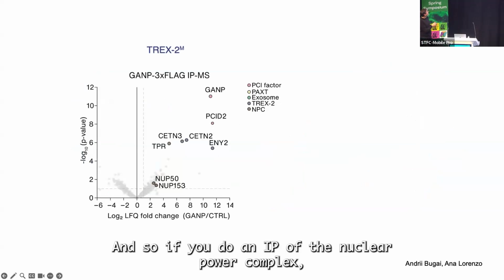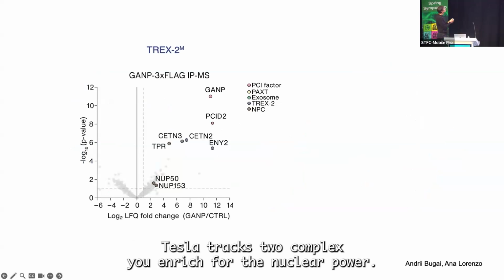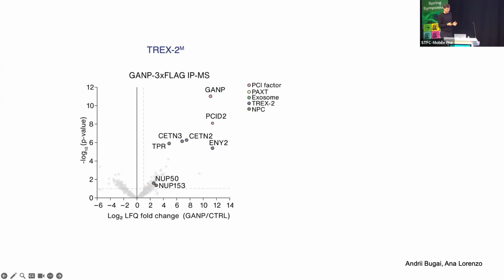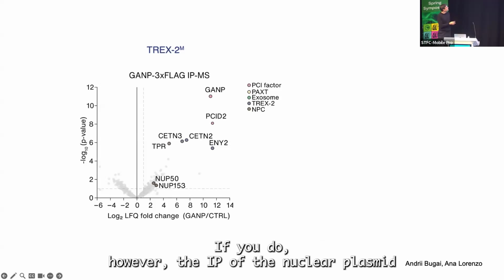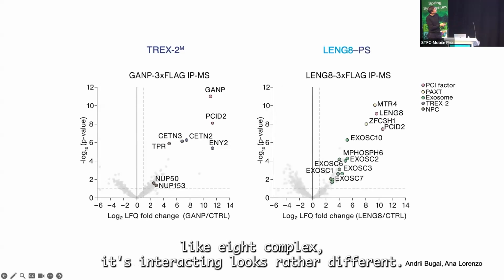And so if you do an IP of the nuclear pore complex tethered TREX2 complex, you enrich for the nuclear pore. That's great. If you do, however, the IP of the nucleoplasmic Lang8 complex, its interactome looks rather different.